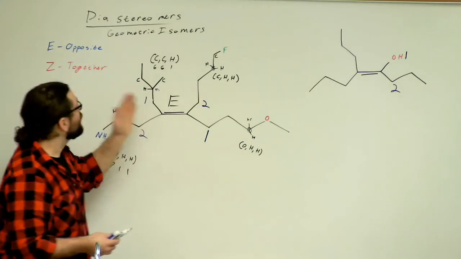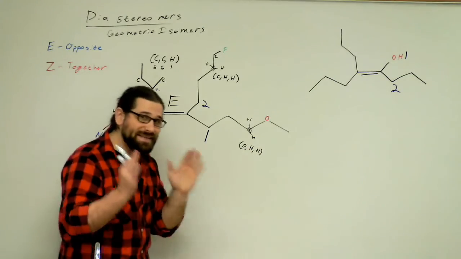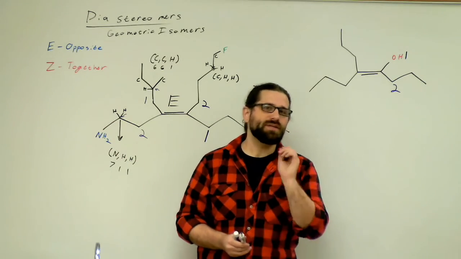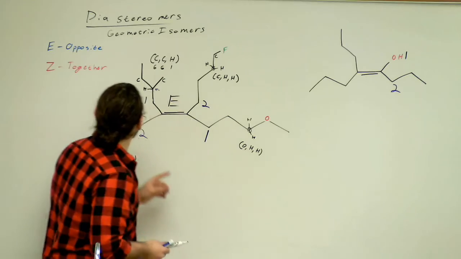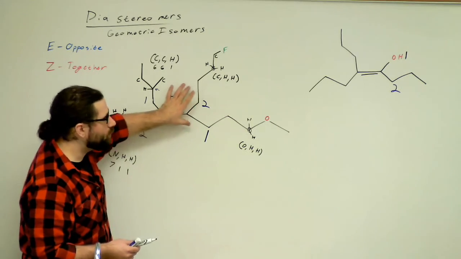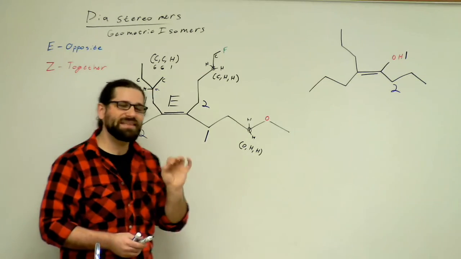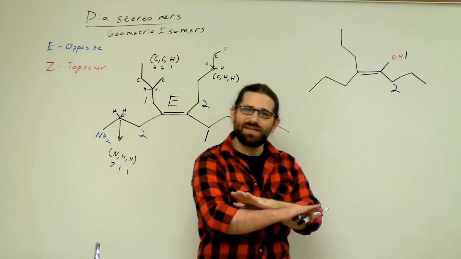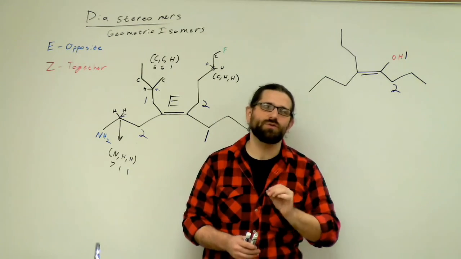It is not a diastereomer, and it does not get that EZ naming convention. So we need to keep that in mind. The only time we're going to use Entgegen and Zusammen is when we have two sides that are completely different. If we have identical sides, it is not different. We do not use the EZ notation.